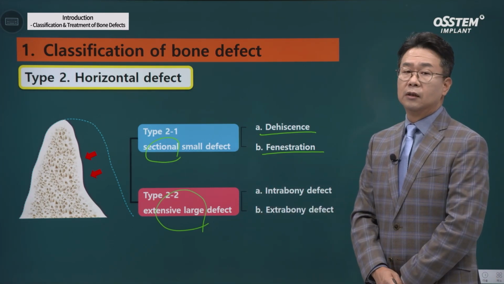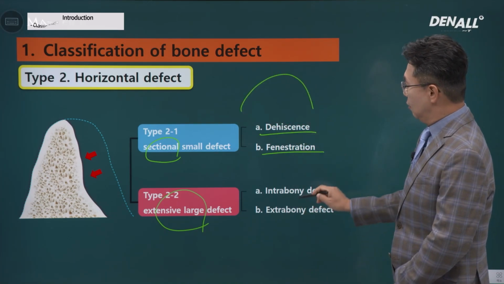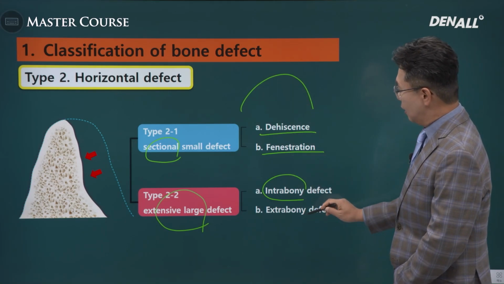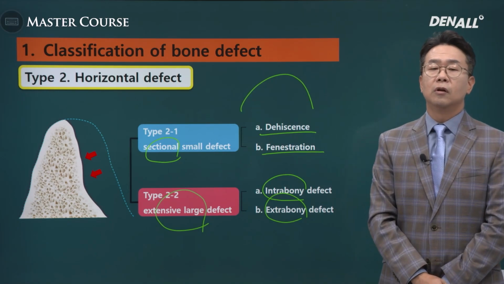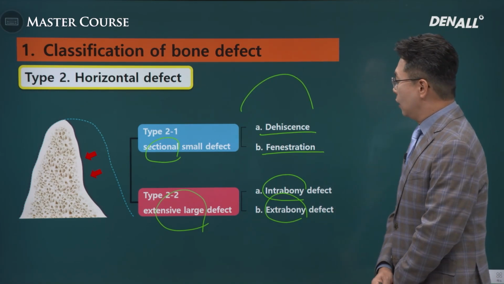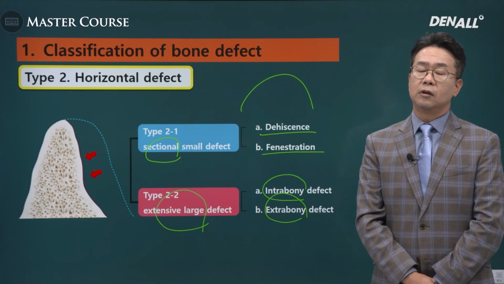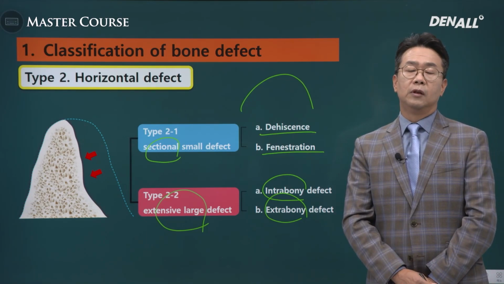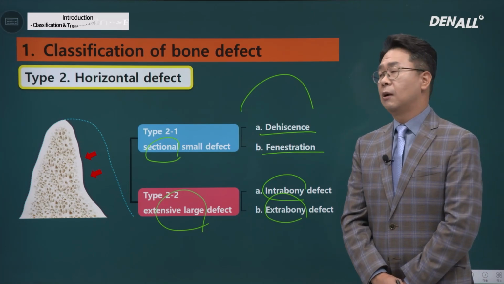When there is extensive large defect, you need to consider whether it is intrabony defect, which is within the ridge, or extrabony defect, which is beyond the ridge. There's a lot of different terms that are used interchangeably, so you may hear certain words being expressed in a different way depending on the lecturer, but this is the basic definition.